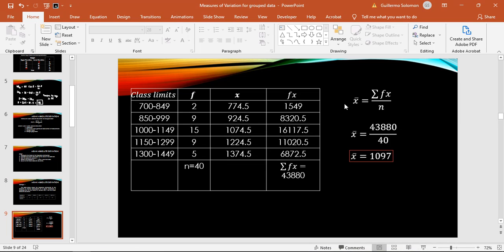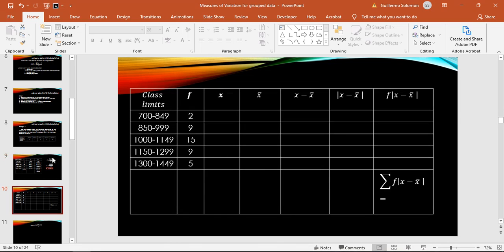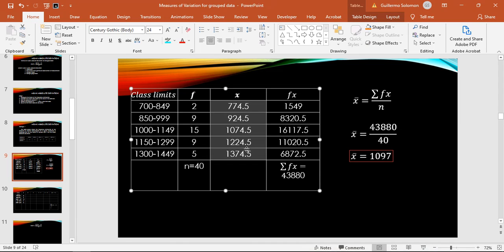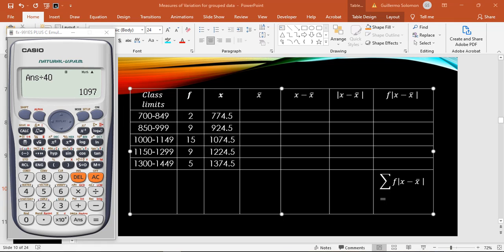Okay? So, let us now proceed para makumpleto na natin yung data natin. So, copy ko lang tong class mark natin, which is magagamit natin siya in computing the mean absolute deviation. And yung mean natin na nakuha, it's 1,097.